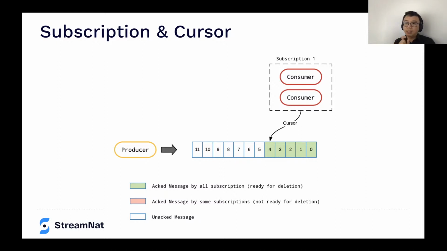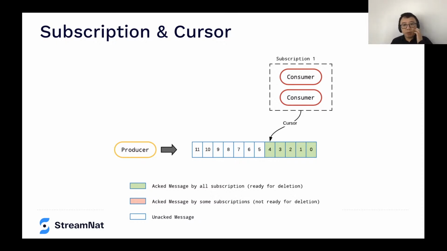You can think of the cursor as the consumption state of a subscription. The consumption state means that from this cursor, I can tell which messages in this topic partition are processed and acknowledged, and which messages are not acknowledged.